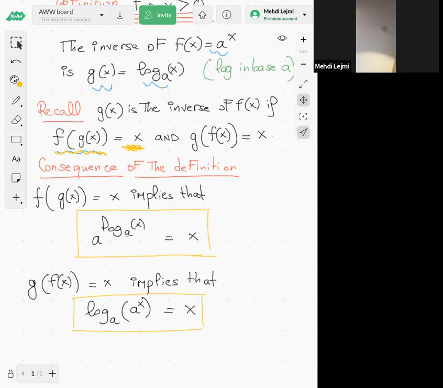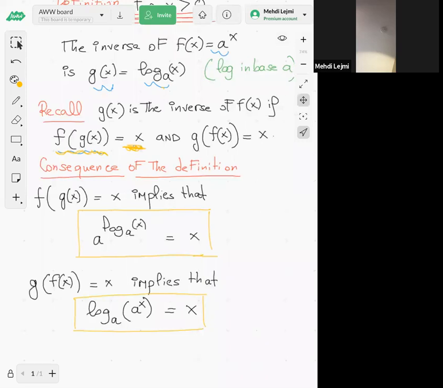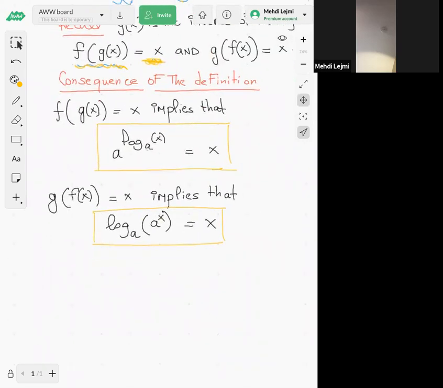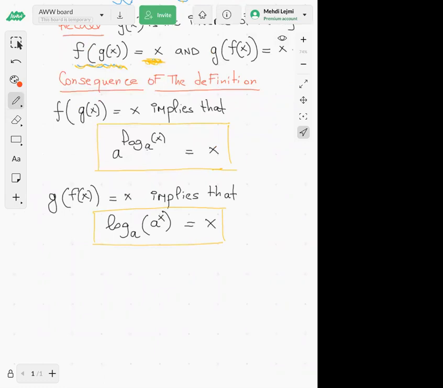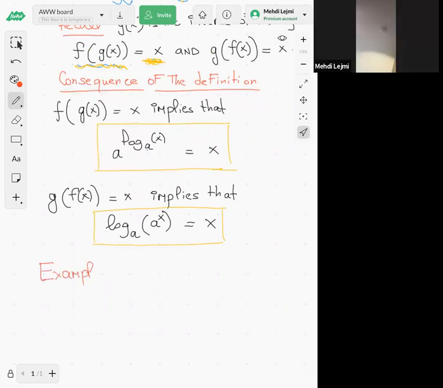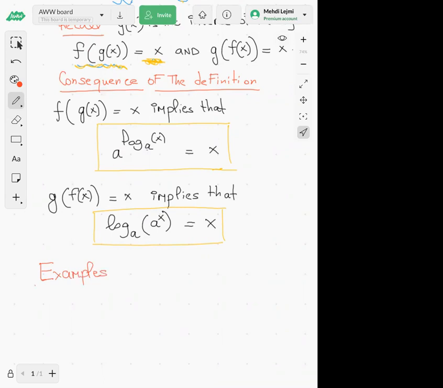So let's do a couple of examples. All right, first example.